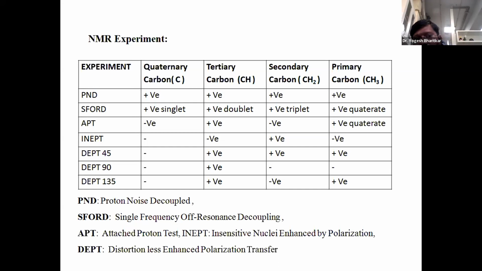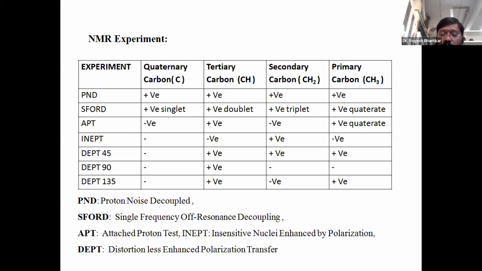If we subtract the DEPT spectrum from the PND spectrum, we get the quaternary carbons. If we subtract DEPT 90 from DEPT 135, we get CH2 as a negative peak, and we get CH3. Likewise, we can classify which carbon is CH, which is CH2, and which is CH3. The DEPT experiment is mainly used for classifying the carbons.